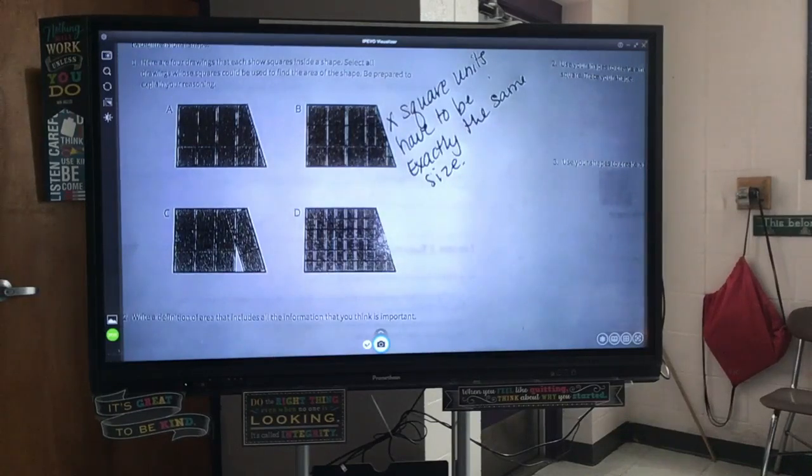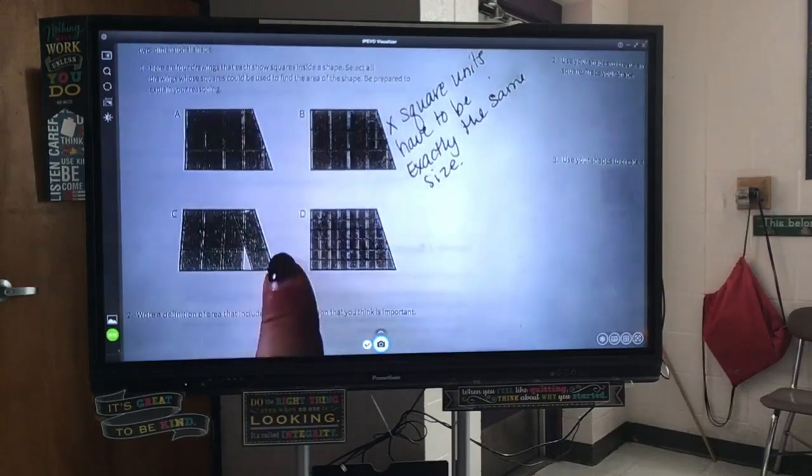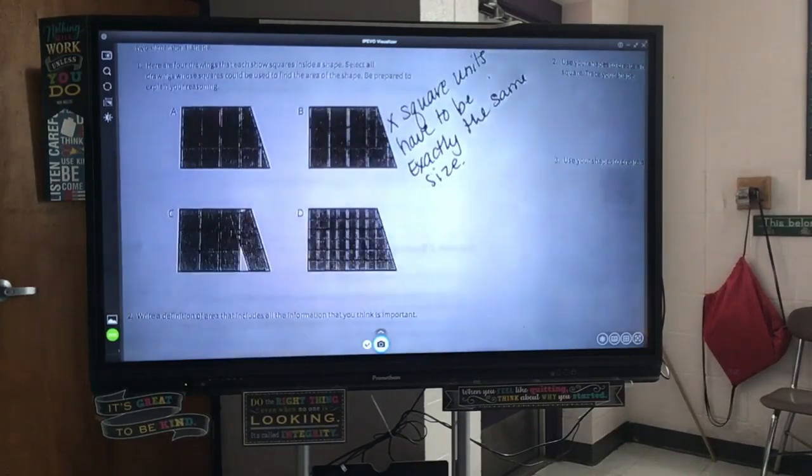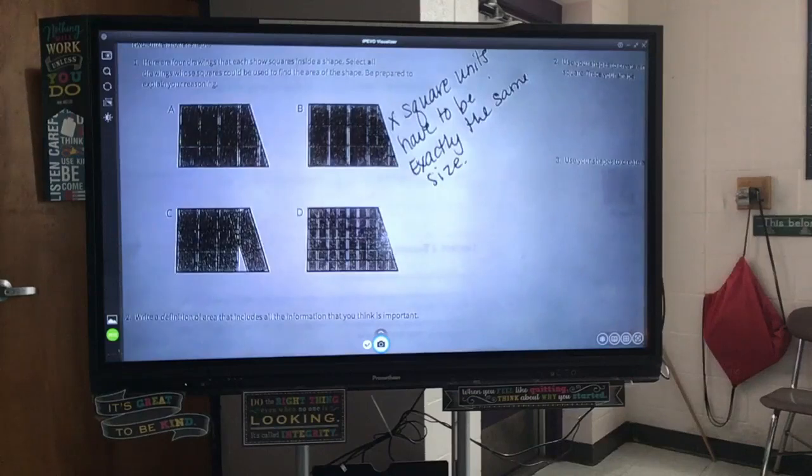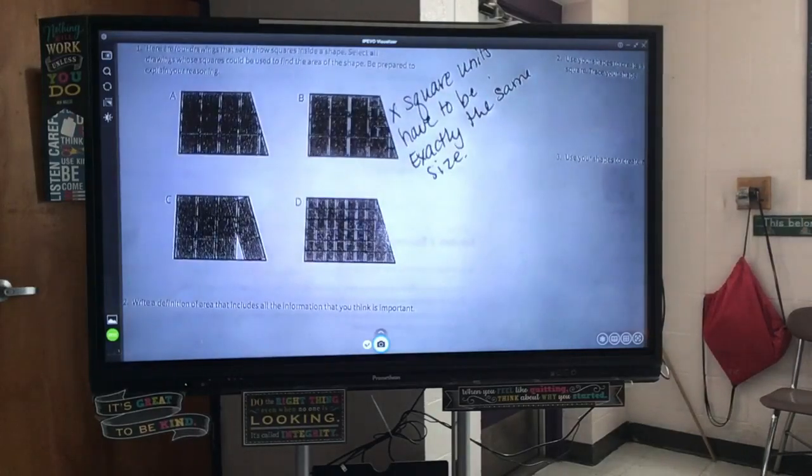Now we had two people pick C. So Claire, what was your reasoning for picking C? Because if you flip that square over, it would make a whole square. So if I take this and just slide it up, okay? All right, Justice, what was your reason for picking C? Like, what'd you write next to C as to why you picked it?